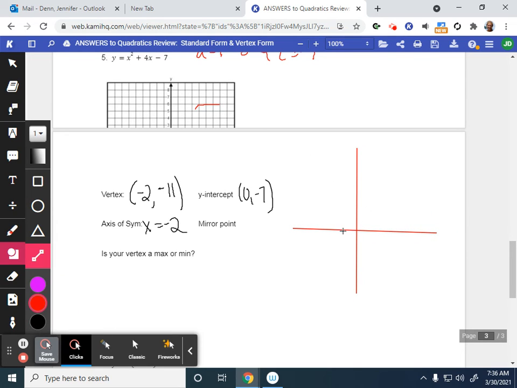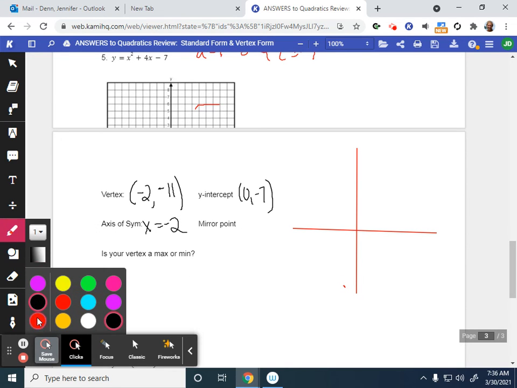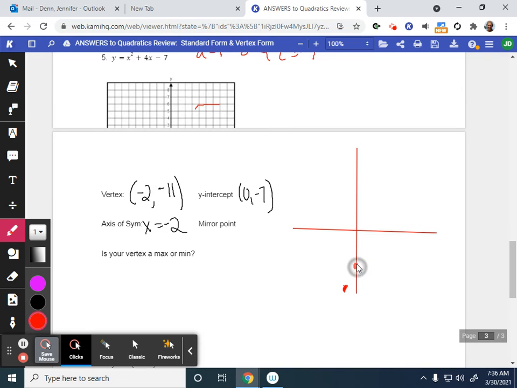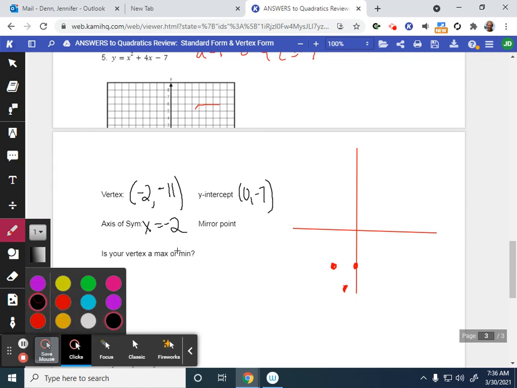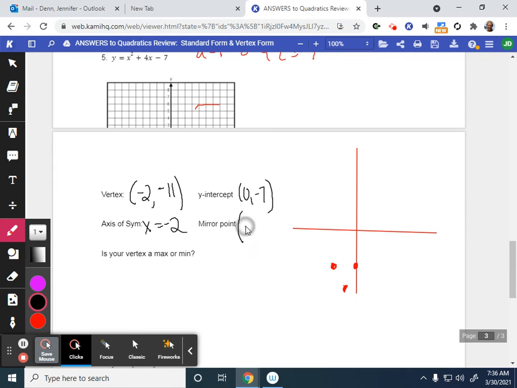So the vertex is at -2, -11. So down here, whoops. The y-intercept is at 0, -7. So the mirror point is going to be over here. The mirror point will be at -4, -7. And my vertex will be a min, and I'll graph it. So you should have done that on the actual graph, but there we go.